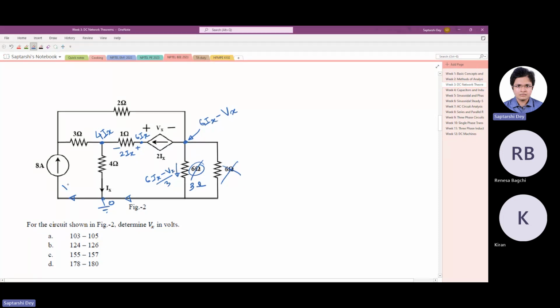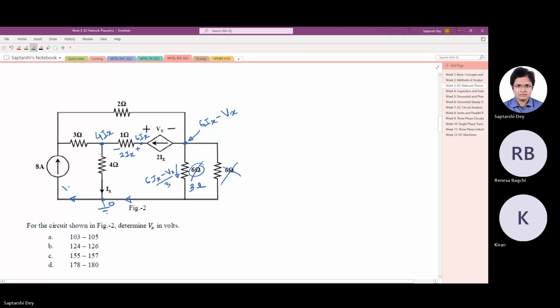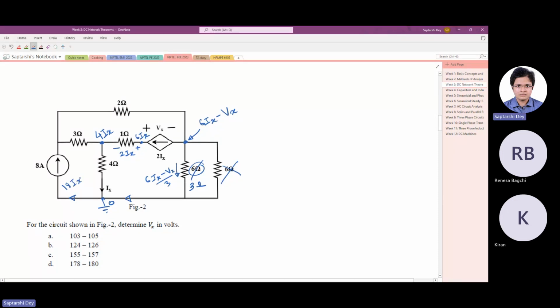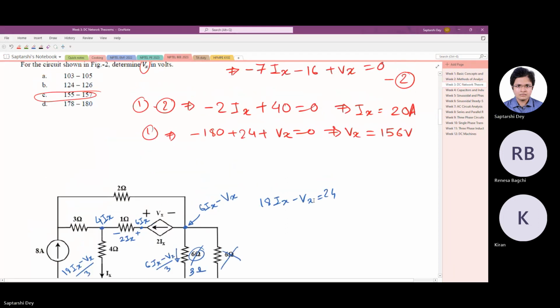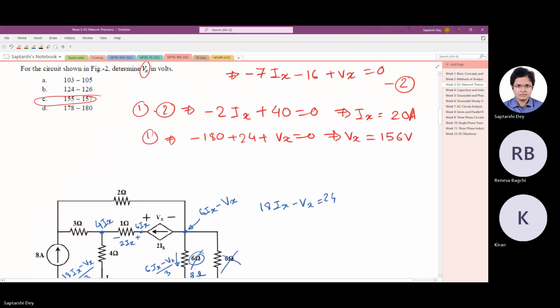I'm just trying to reduce the number of variables as much as I can. So what we are getting from here is 18Ix minus Vx equals 24. Is it matching? No, not matching.